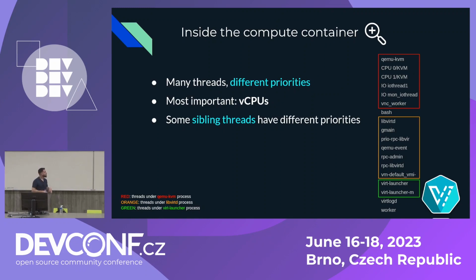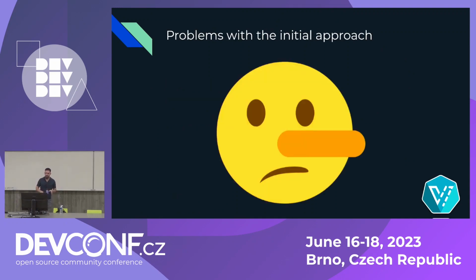So if we look at the QEMU process, for example, there are the vCPU threads that I mentioned. Of course, they have the highest priority. But you know, the VNC worker, for example, doesn't need to run on dedicated CPUs. But IO threads are a bit more important. So we have many different priorities between all of these threads. So what we did is basically lie to the guest. These aren't really dedicated CPUs, right? Because we're going to context switch out the guest all the time.